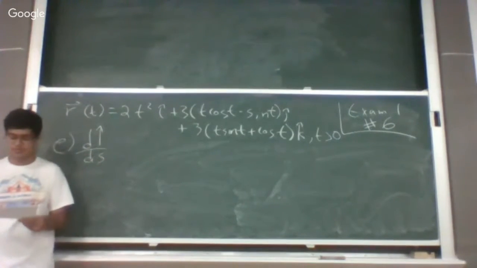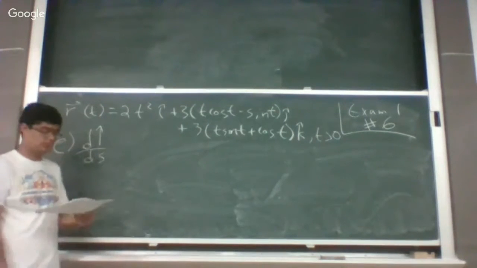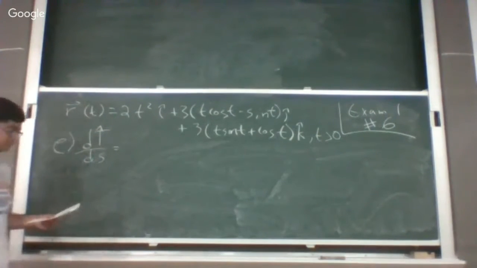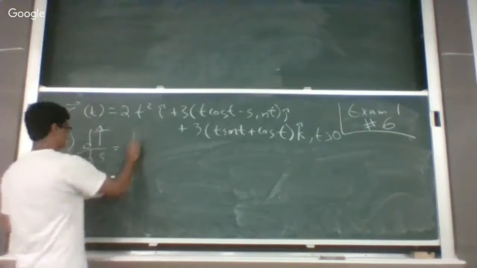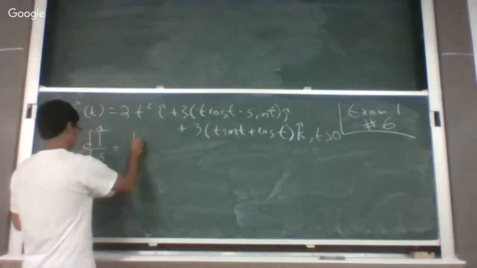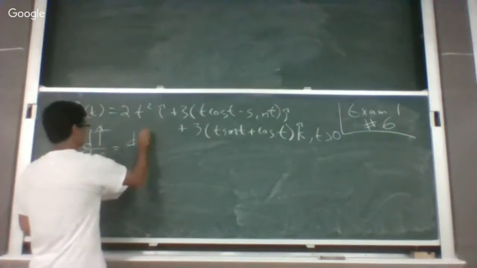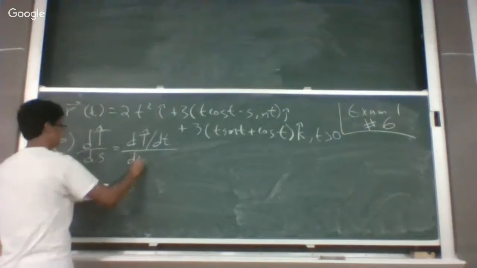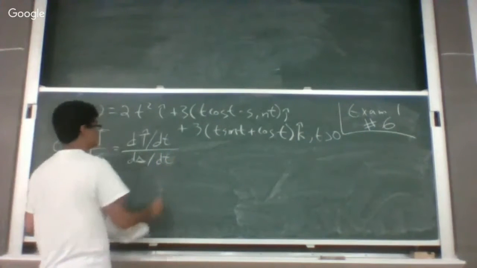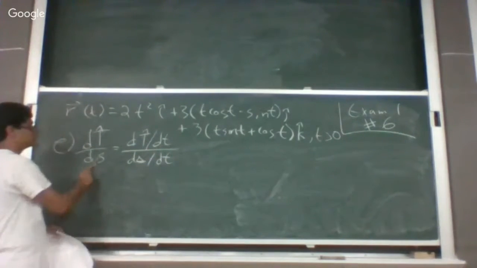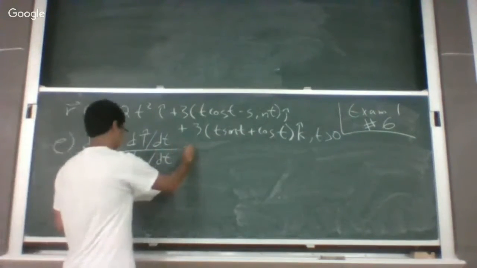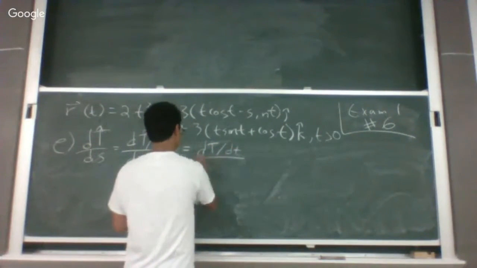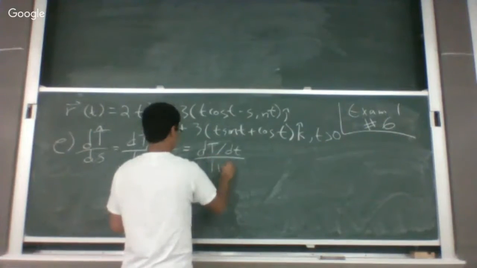What is this equal to? T divided by the magnitude. So if we break it down, it's the derivative of T with respect to time over ds over dt. The dt's cancel out. So this is just equal to dT/dt over the magnitude of velocity.